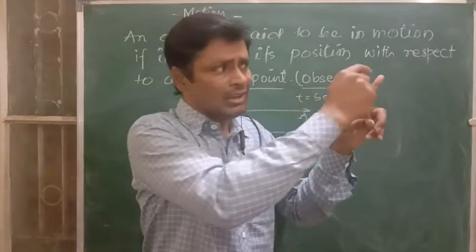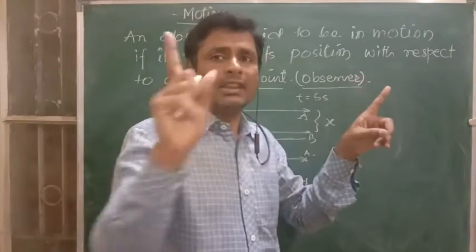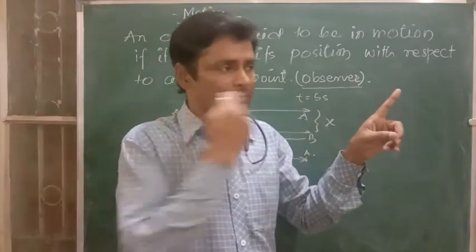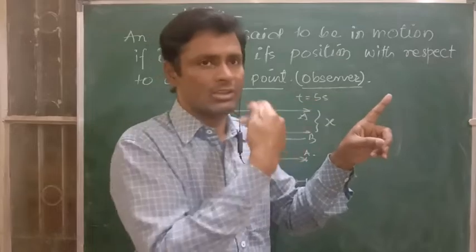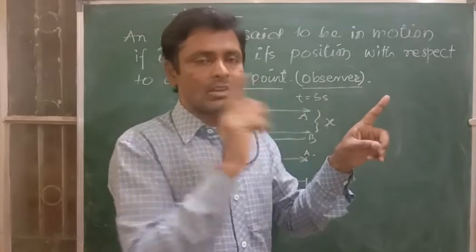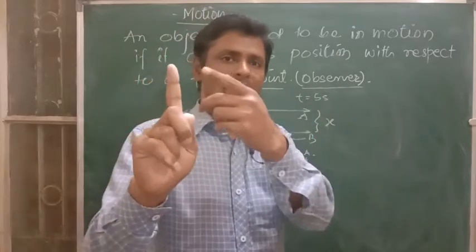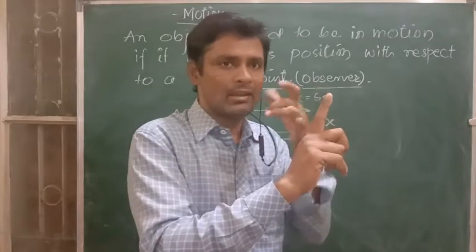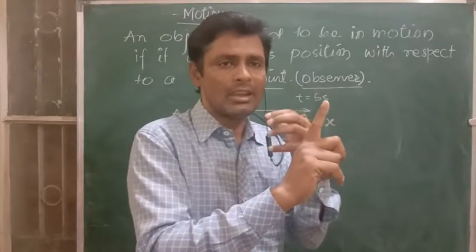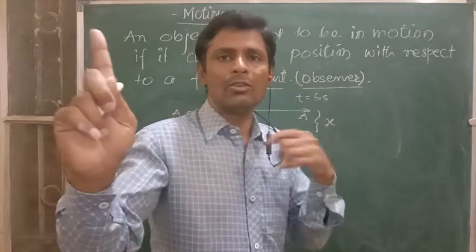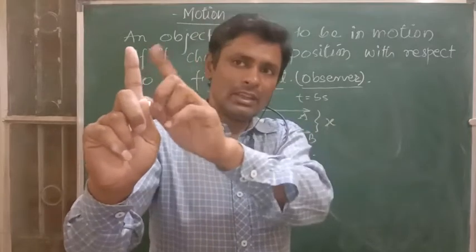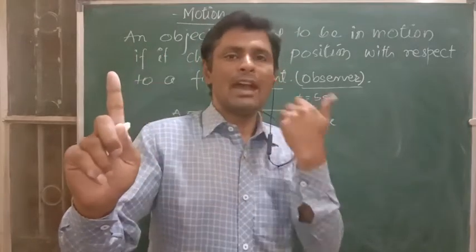Suppose this finger can say, I am in motion because I am also changing position. He noticed the change in position, and B also can tell that initially the position of my head was this much, but now it is this much. So this finger can say I am in motion.